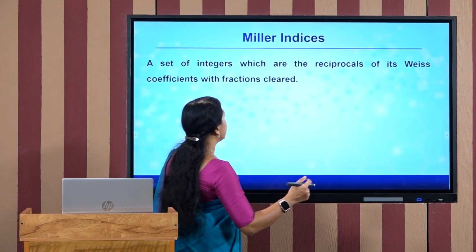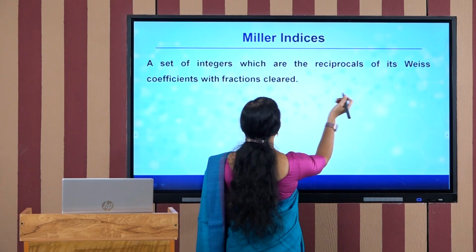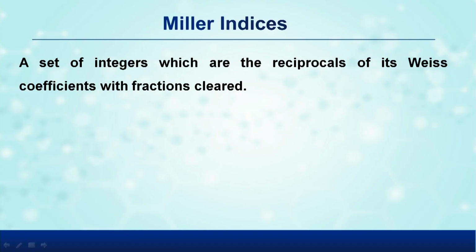We have seen what the Weiss coefficients are. The Weiss coefficients or Weiss indices are represented by the letters p, q and r.